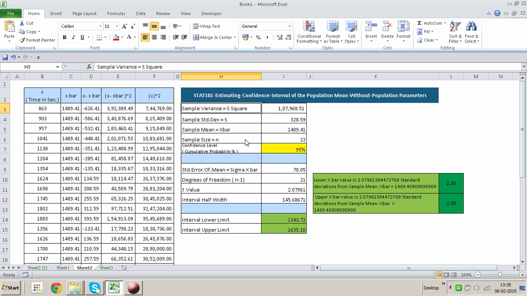The reason we take n minus 1 is because of the sampling distribution, and it is simple to understand. Presume you had around 10. Over here I have 22 as a sample size. Presume, as just a manner of understanding, you had 10 of these over here.